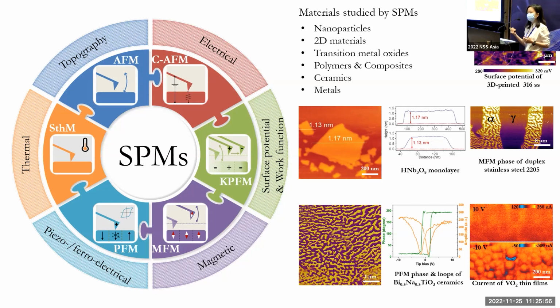For example, we use the AFM to study the topography, use the conductive AFM to study the electrical property of materials, and also use the KPFM to study the material surface potential, surface charge, and also the work function. The right side shows some images we have obtained previously.